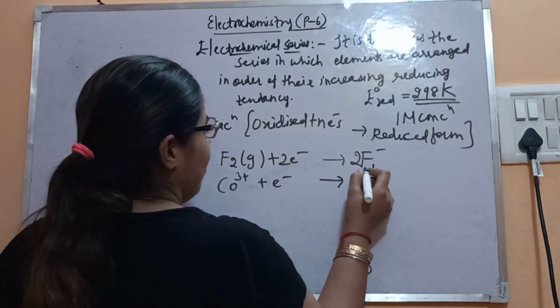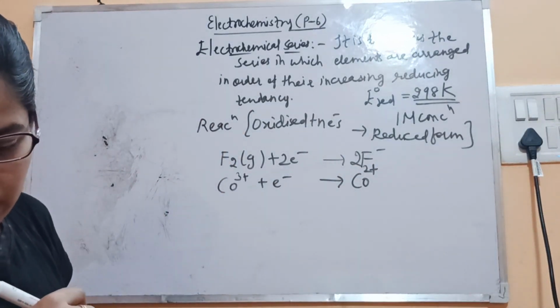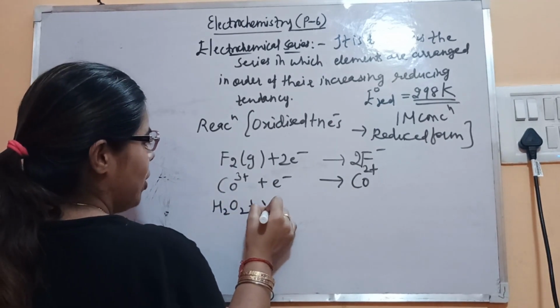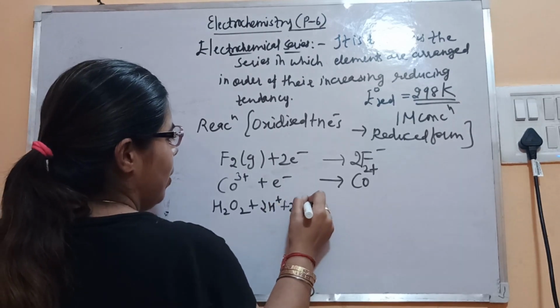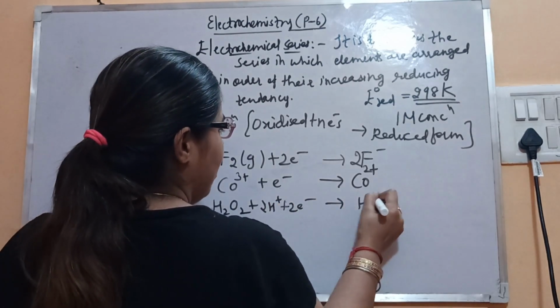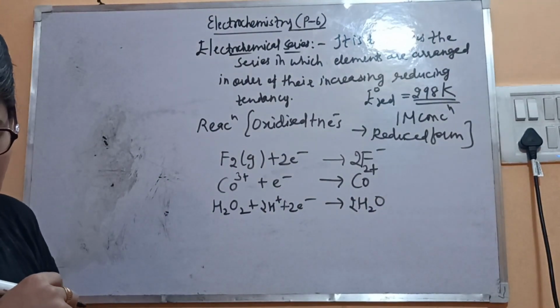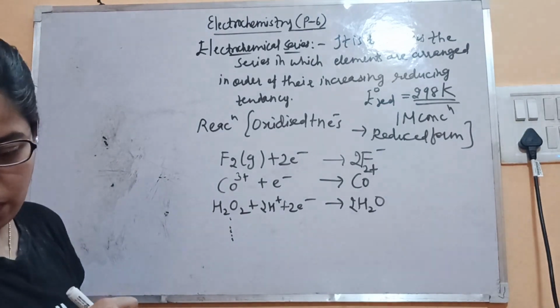After accepting 1 electron, it will become Co 2 plus. Then hydrogen peroxide is there, H2O2 plus 2H plus plus 2 electrons gives you 2H2O. And then the series will continue.